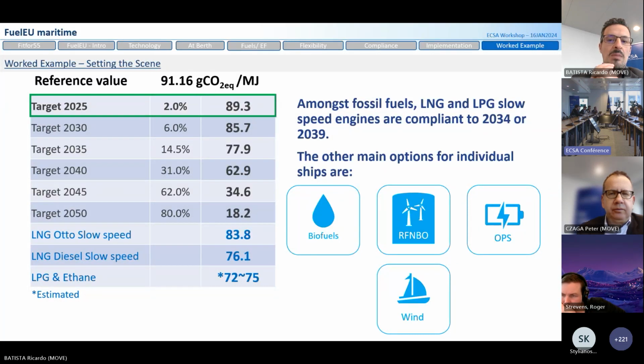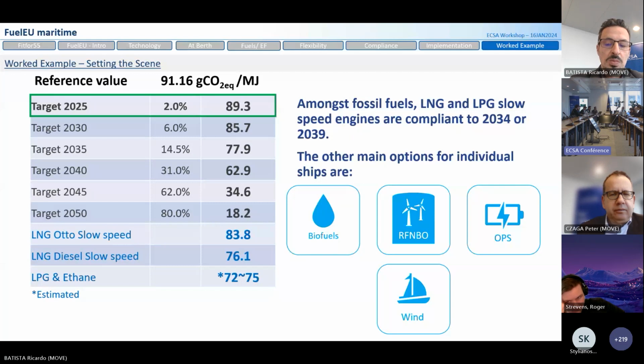So indeed, amongst fossil fuels, you can still find compliance routes for LNG and LPG in slow-speed engines, which are in fact compliant to 2034 or even 2039 if you use banking of surplus already from 2025. So these would be still fossil-based technologies which would still be eligible for compliance strategies under FuelEU.